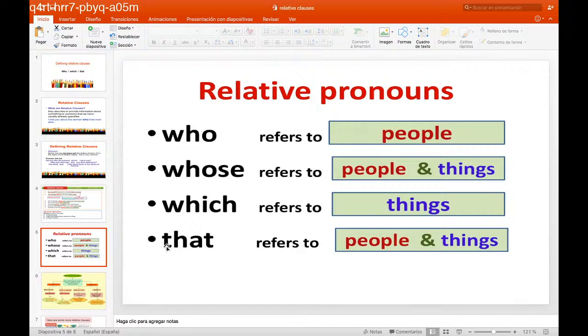And that works for both people and things. So you can use who or that, and that's correct, or you can use which or that, and it's also correct. Who is specifically for people, which is specifically for things, while that is for people but also for things.